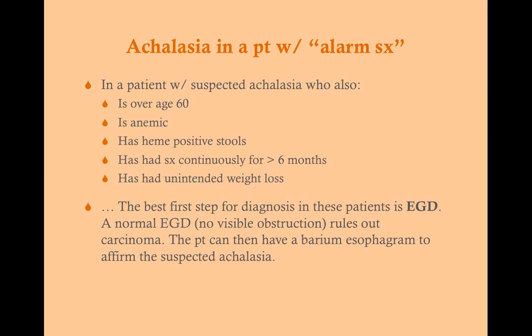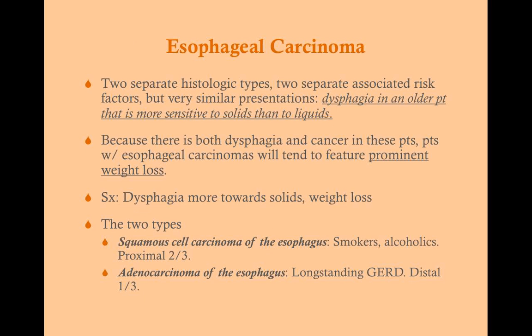If we see a tumor or we see something that looks like it could be obstructive, then we get a biopsy and we send that off. If it's normal, then that's going to pretty much rule out a carcinoma. And so the patient can then have a barium esophagram, and we'll go ahead and treat them like we would any other patient where we presume achalasia is the diagnosis.